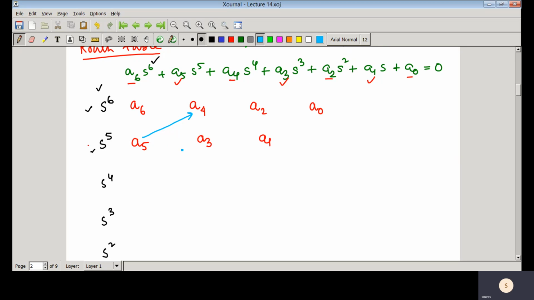So here the multiplication would be like this. We have a5 into a4, minus a3 a6, divided by a5.